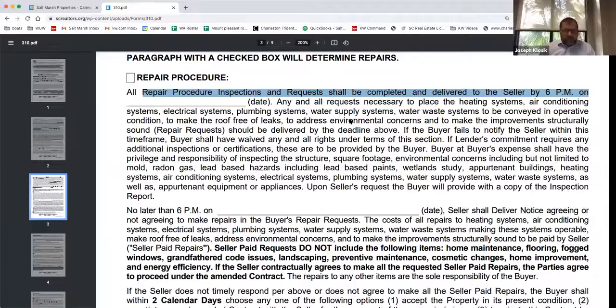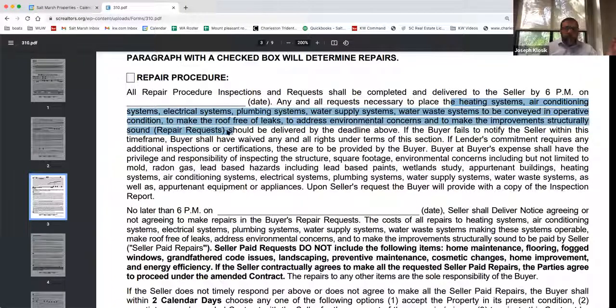Now, in the event the inspector finds anything that needs to be repaired that falls under these main areas here, which are going to be heating system, air conditioning systems, electrical systems, plumbing systems, water supply systems, water waste systems, anything that's within that needs to be done to convey them in operating condition, or to make the roof free of leaks, address any environmental concerns, and to make improvements structurally sound.